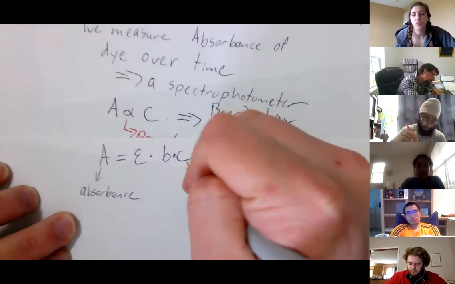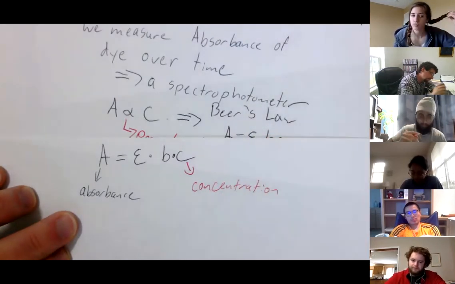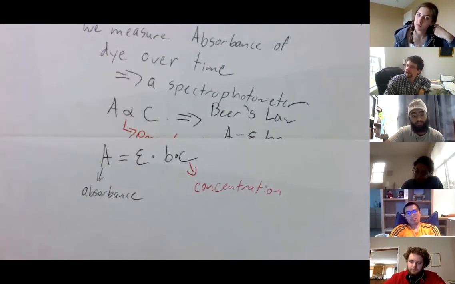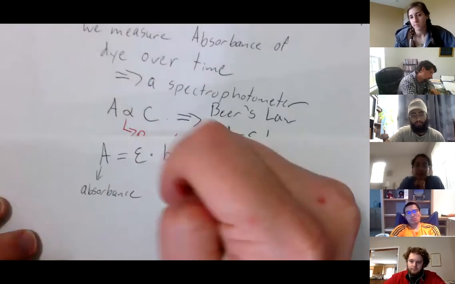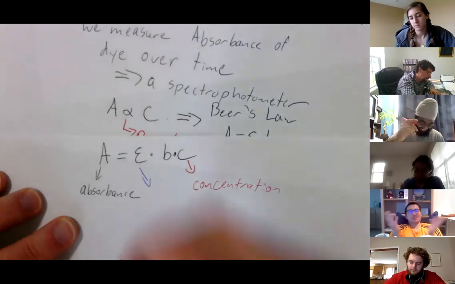Concentration. Yep. Anybody know what b or epsilon are? Is b Beer's law constant? That's actually this guy. It's called the molar absorptivity.